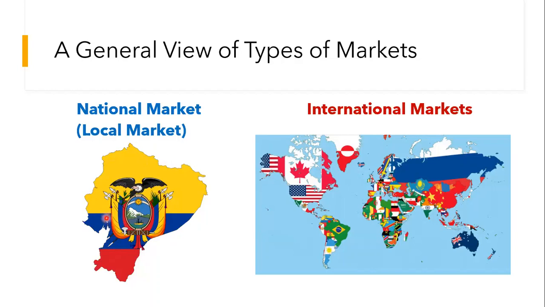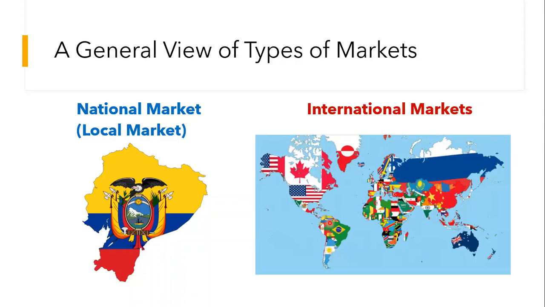When you move your products around the country, only inside the country, another way to call it is local market. So next time that you hear local market, it's not only Guayaquil, it's going to be the whole country. Okay? And when we're talking about international markets, it's when you sell from your country, from Ecuador, to other countries.